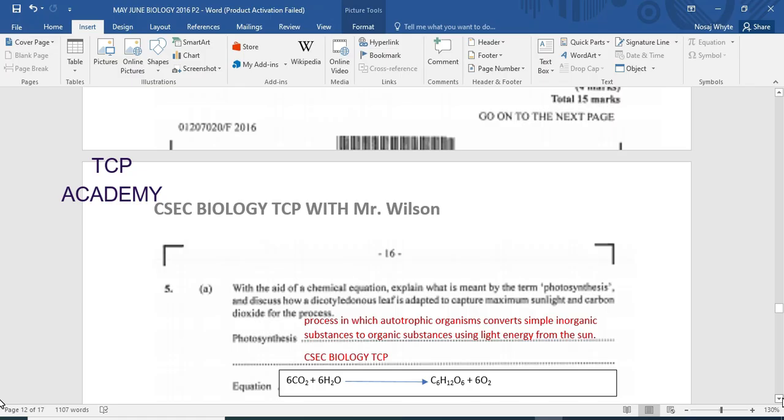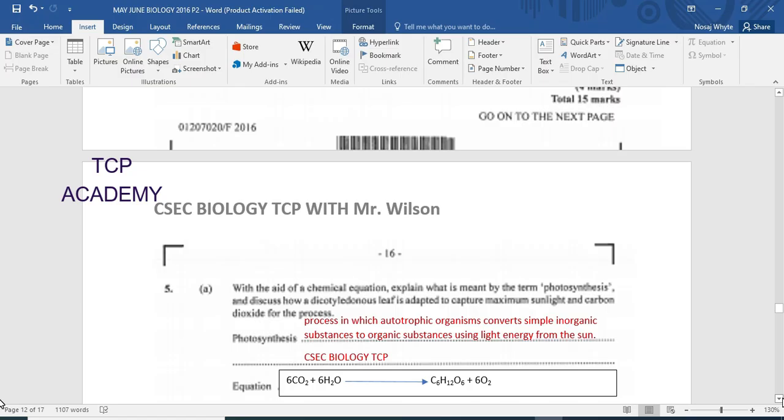Photosynthesis is pretty much a process in which autotrophic organisms convert simple inorganic substances to organic substances using light energy from the sun. I know that you were expecting this primary school definition, but stick to the definition that the syllabus is arguing. The equation is going to be 6 carbon dioxide with 6 H2O, that's water, to glucose and oxygen.